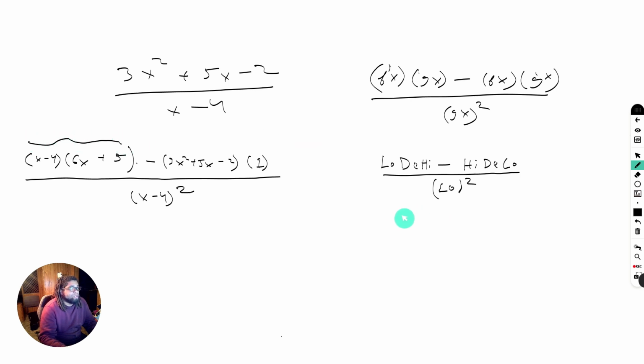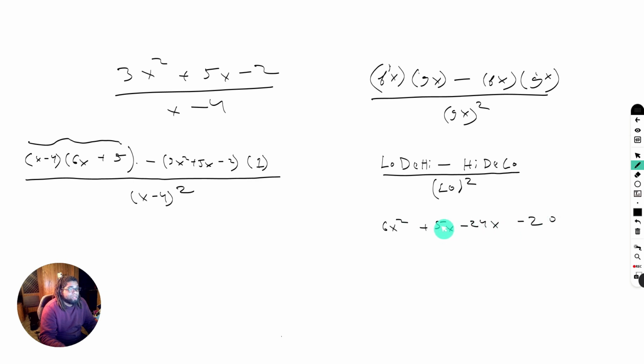Okay, so we have x times 6x, so we'll have 6x squared, plus 5x, minus 24x minus 20.